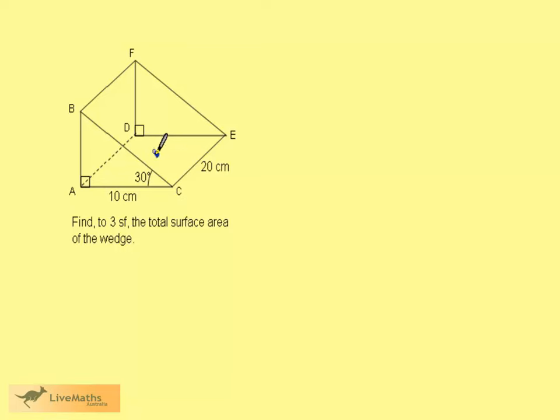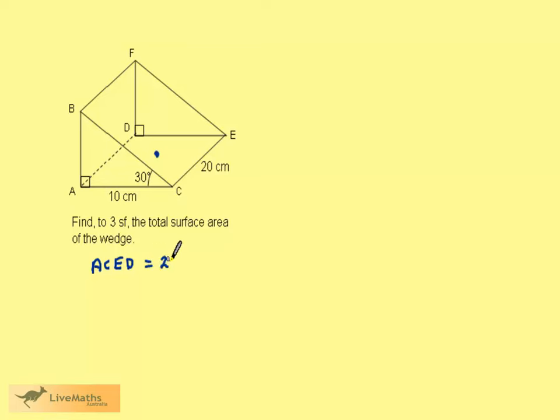The easiest face to begin with is ACED, the base of our wedge. We should be able to see this is a rectangle, and we know both length and width for this rectangle. CE is 20 and AC is 10. Therefore, the area of this base is just going to be the length times the width.